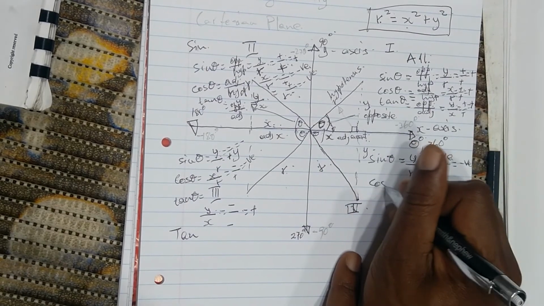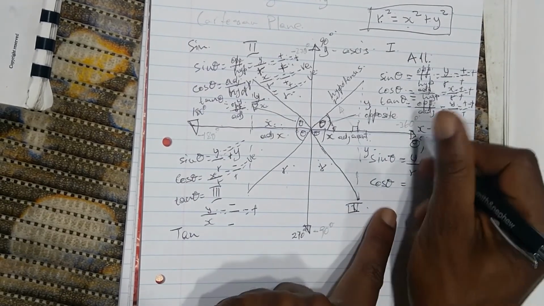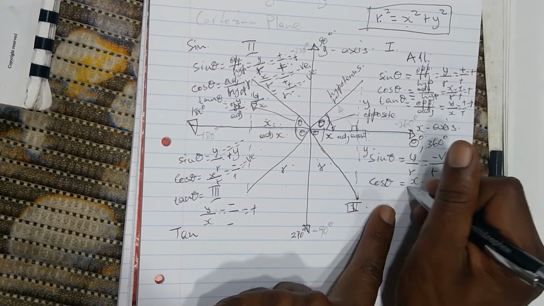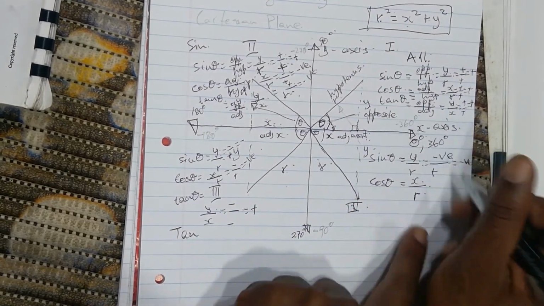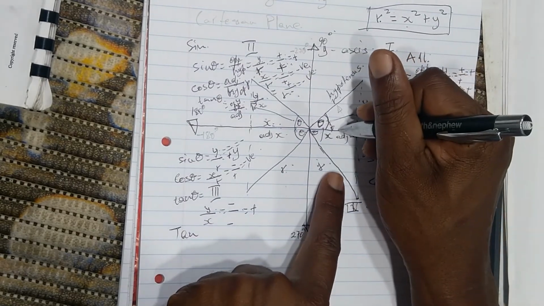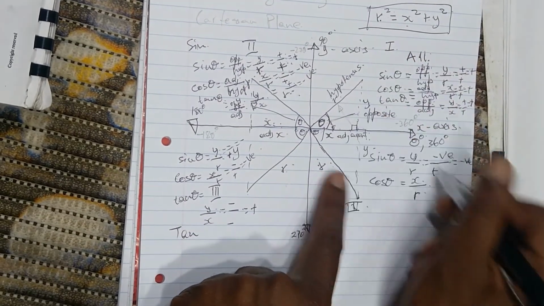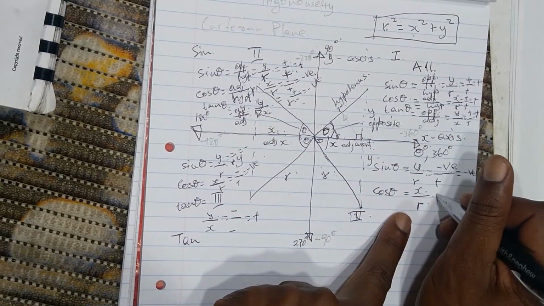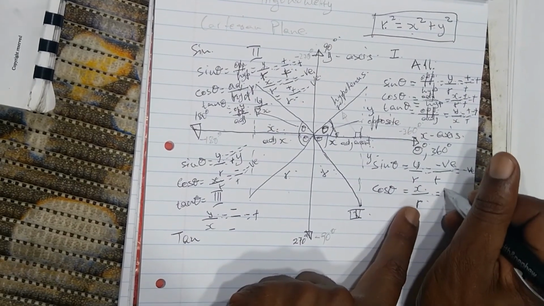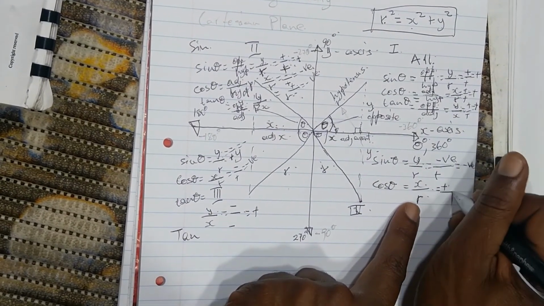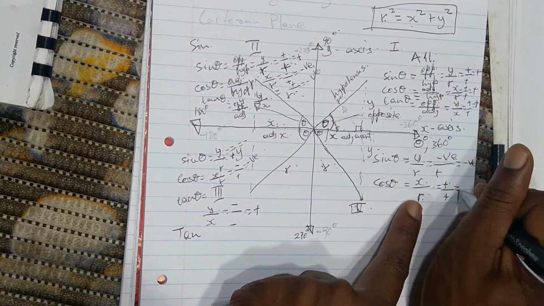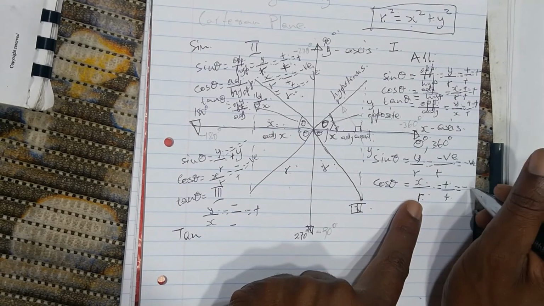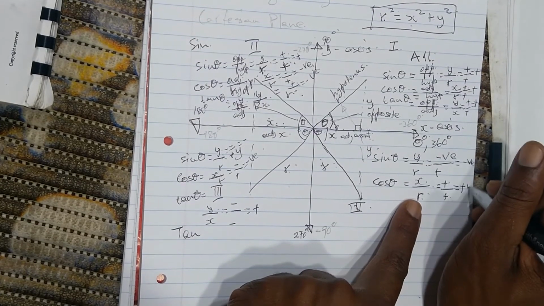If we have cos of theta here, that becomes x over r, again adjacent over hypotenuse, which gives us a positive over a positive, so that gives us a positive.